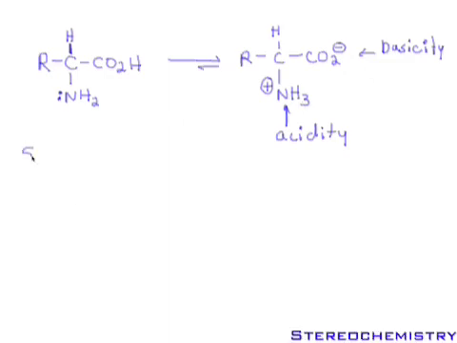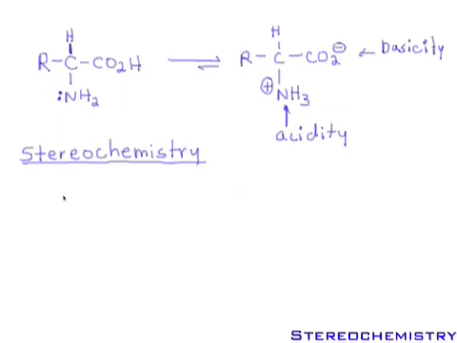let's discuss stereochemistry. Stereochemistry of amino acids. As you can see in the structures I've drawn, there is a clear chiral center in this molecule. As a result, we can draw Fischer projections.